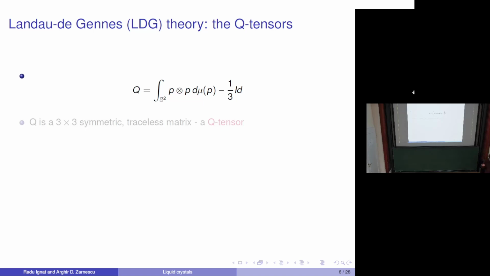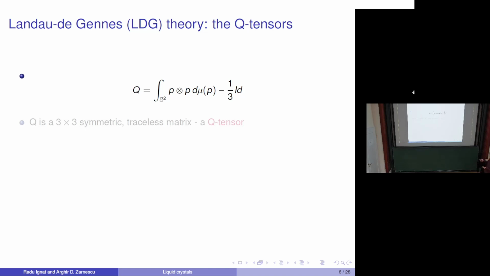Of course, when I do this, I lose a lot of information, because I'm replacing a measure with just its second order moment. If you think, for instance, of a function on the circle expanded in Fourier coefficients, and you just pick the second Fourier coefficient and say, okay, this gives me the whole information, it's a tremendous loss of information. Yet the miracle is that this works for many practical purposes.